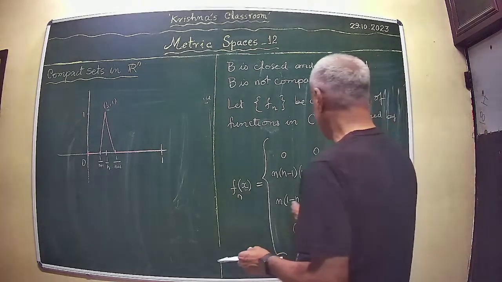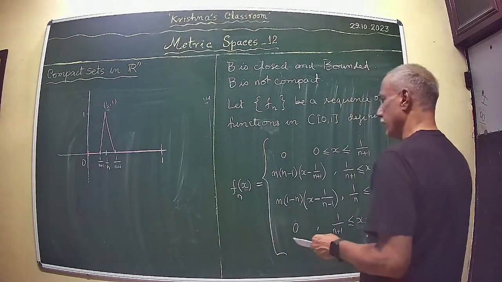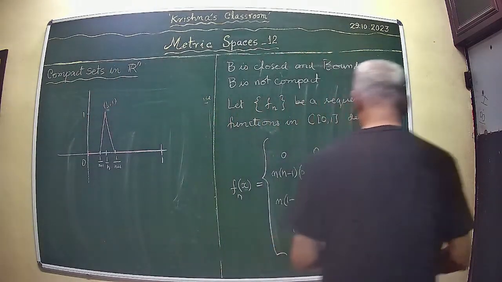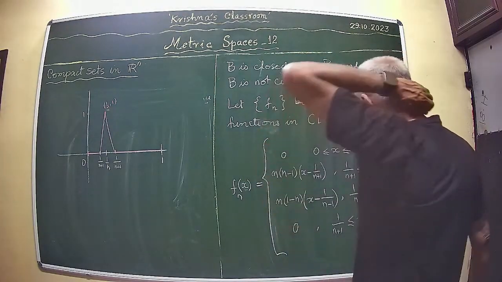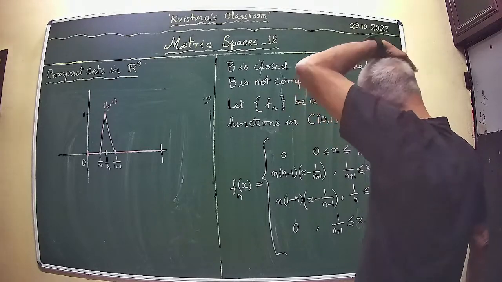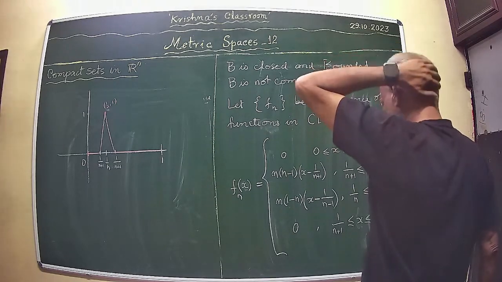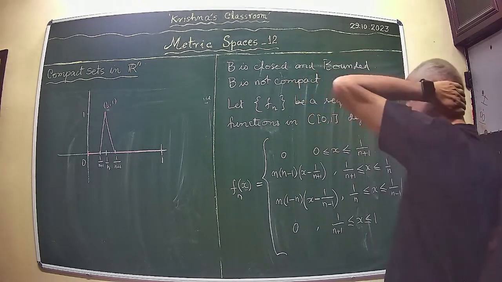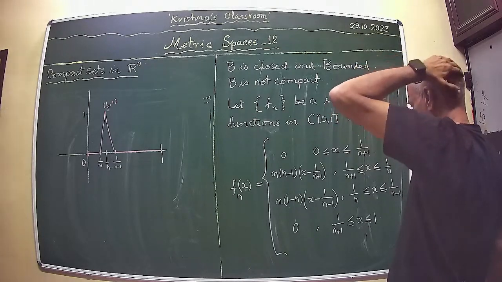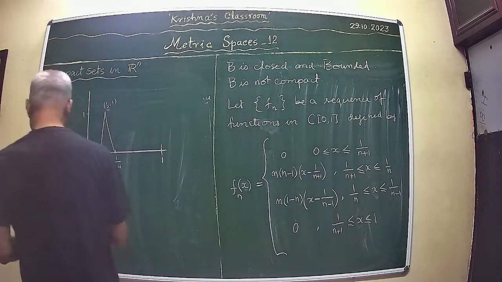So what about the x lying between 1 by n and 1 by n minus 1? Yes, so this is the graph of the function.